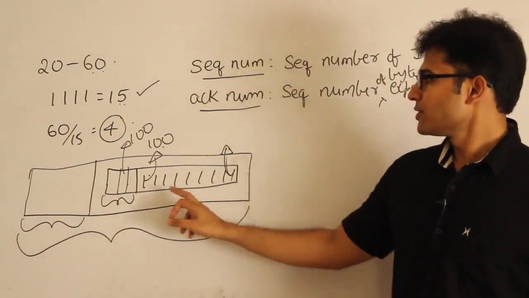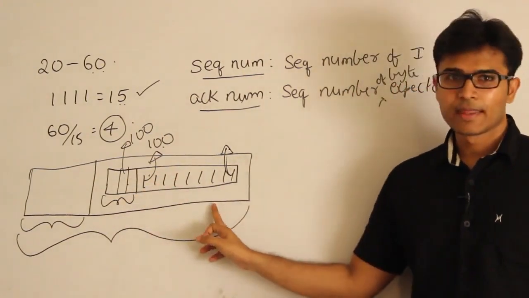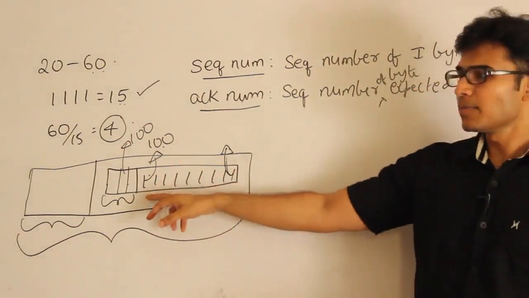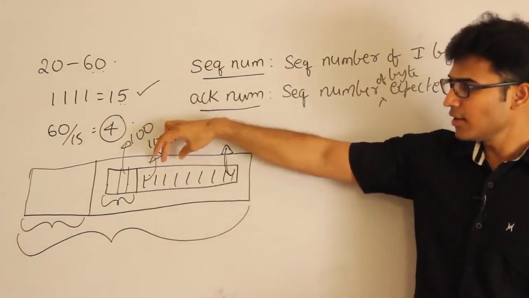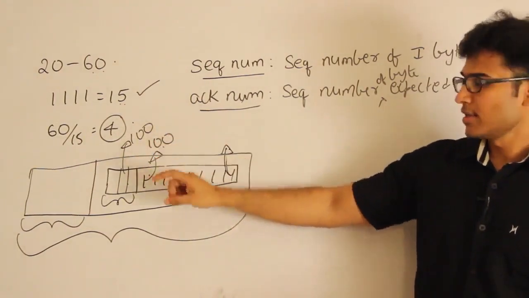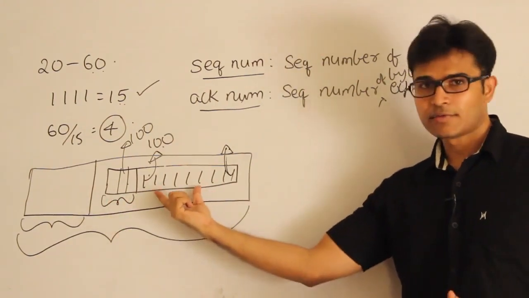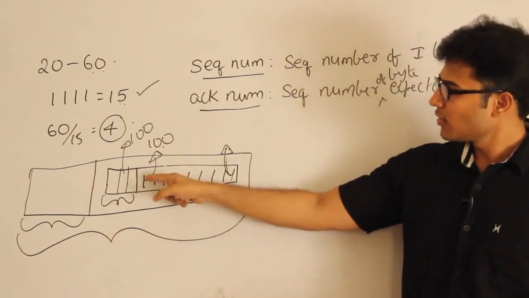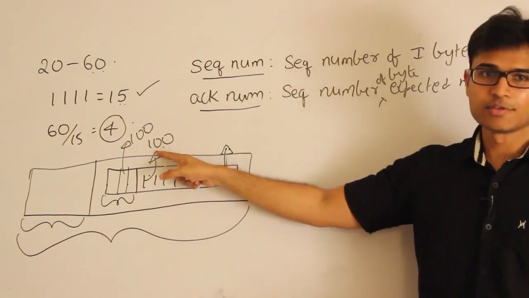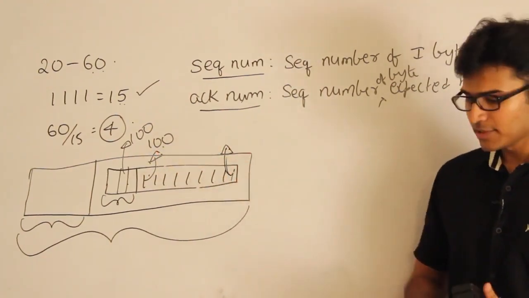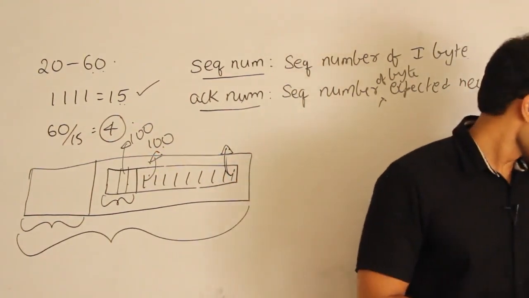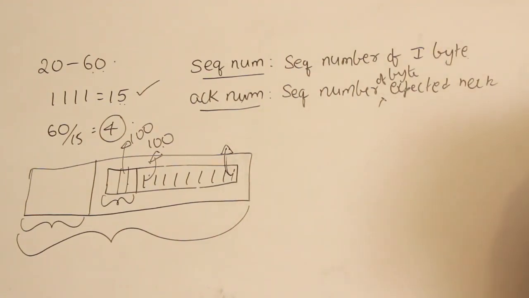Then I get the body size of the IP, which is nothing but the TCP segment size. I remove the TCP header size. Then I get the body size of the TCP segment. Now the first byte sequence number is already known, so I can calculate the last byte sequence number, right? Depending on that, let's see one problem here.